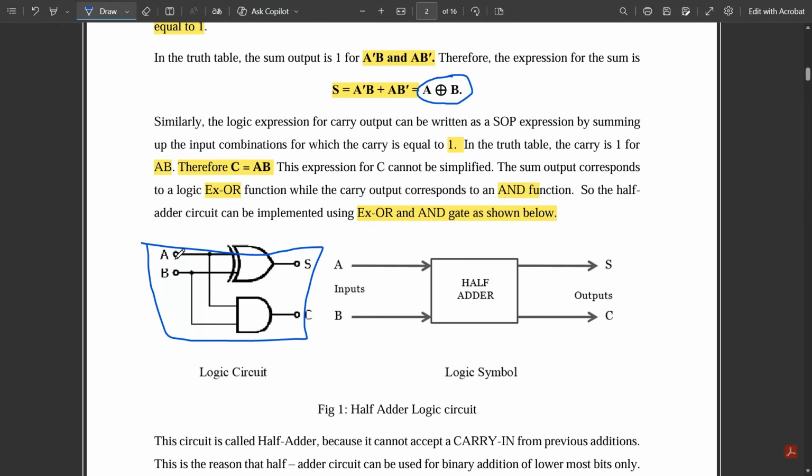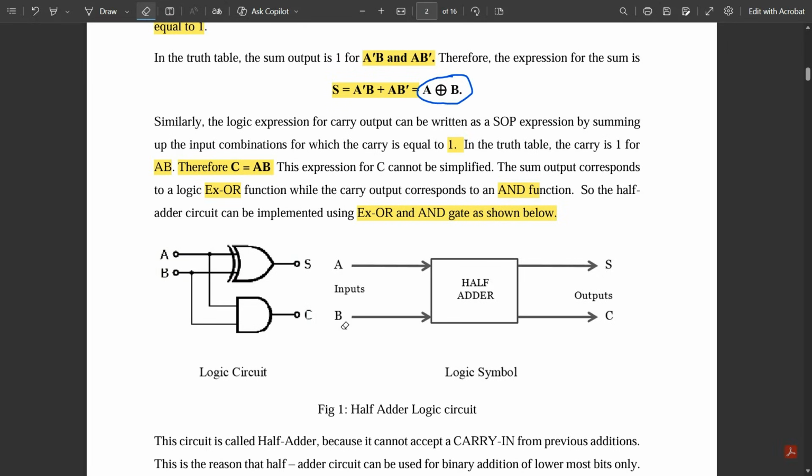The two inputs are A and B, and the two outputs are sum and carry. For sum, you see here A and B, this is the XOR gate drawn, and for carry, with the same inputs A and B, an AND gate is drawn here. So that's why this can be represented as the simple half adder circuit. Hope this is clear, how to draw the half adder circuit.